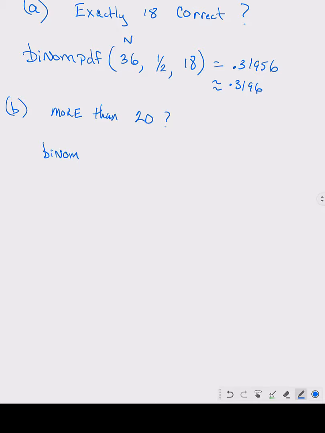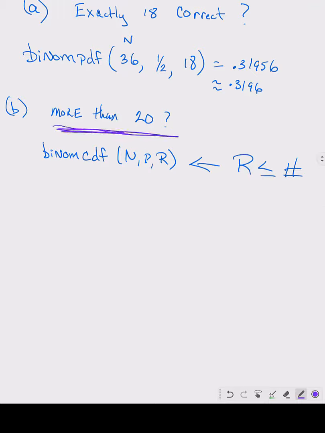Binom CDF with n, p, r is something we use for r less than or equal to a number. And in this particular case, it's talking about more than. This is a key word, more than.